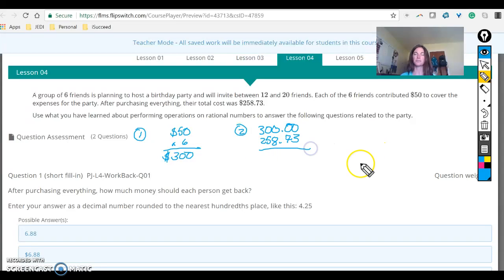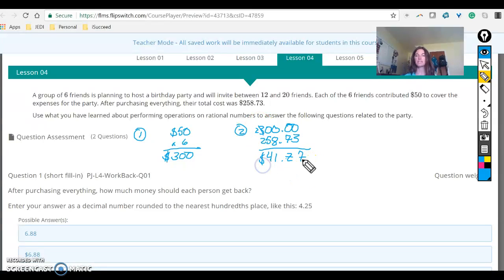$258.73 from 300. You can do this via a calculator, but I'm going to just do it real quick by plain old subtraction. So I get 10 minus 3 is 7, and 9 minus 7 is 2, and 9 minus 8 is 1, and 9 minus 5 is 4, and then all that was borrowed from here, so 2 minus 2 is 0.